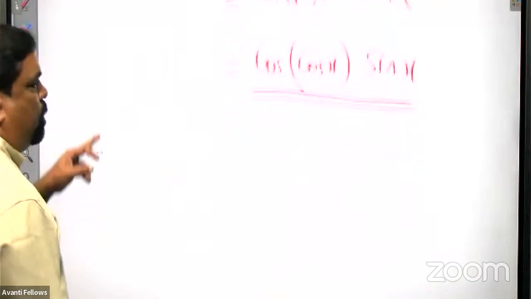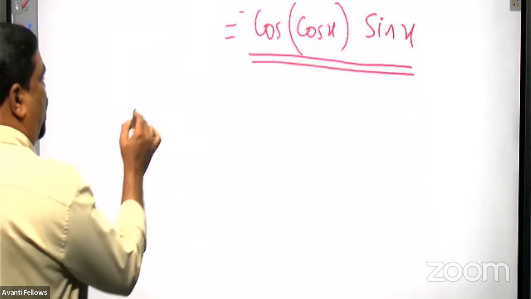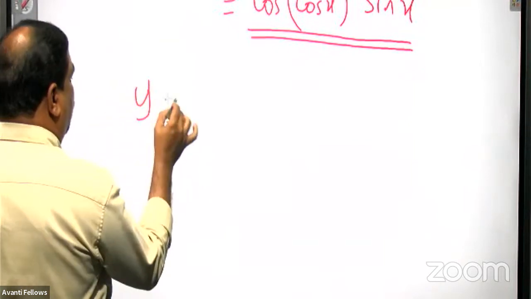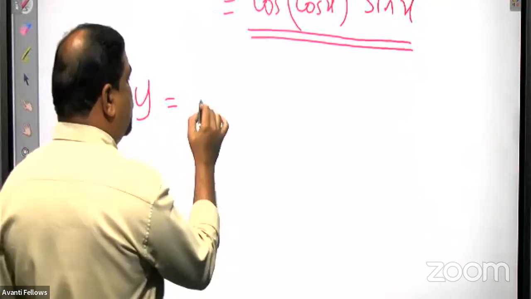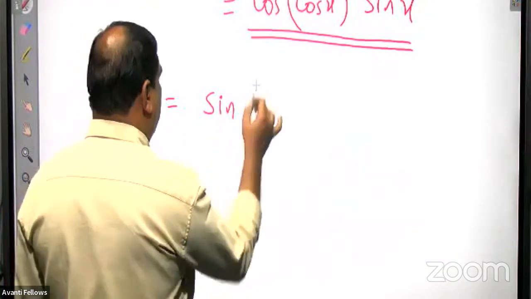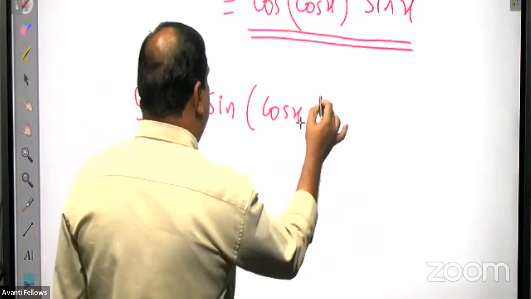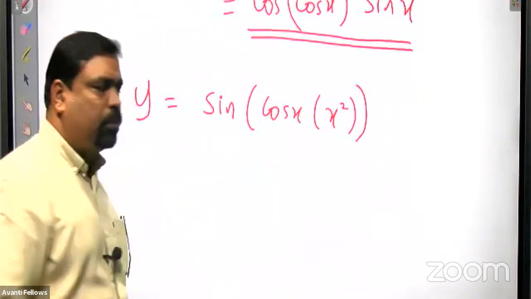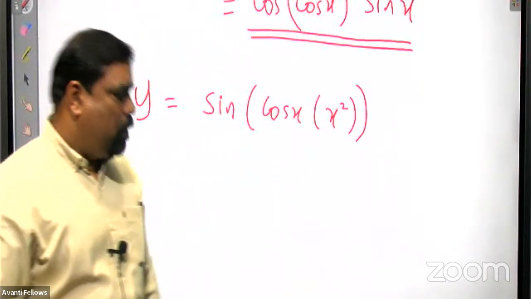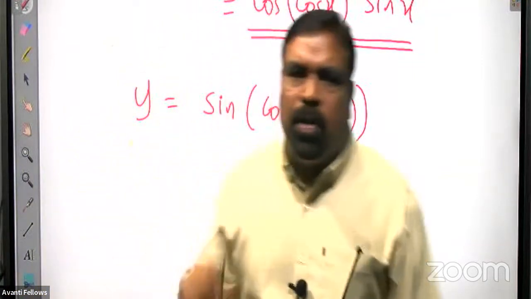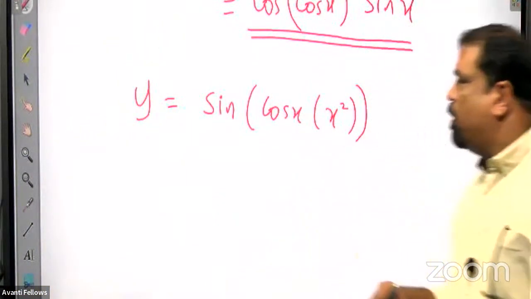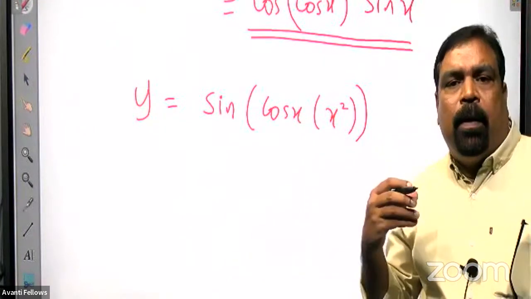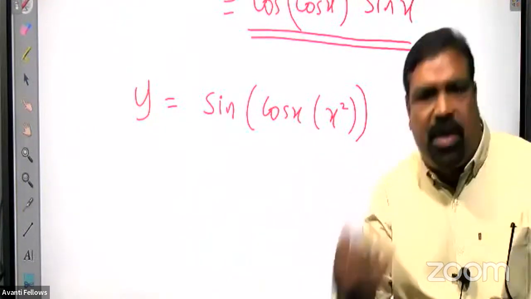Now suppose there is a function which is a composition of 3 functions: sine of cos of x square. So what we can observe here is that this is a composition of 3 functions.